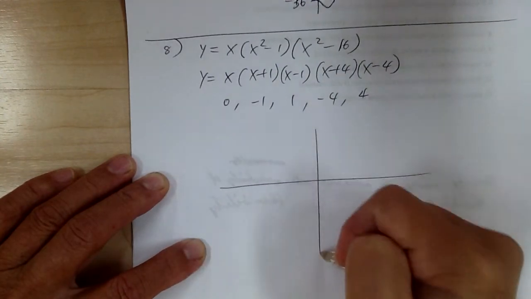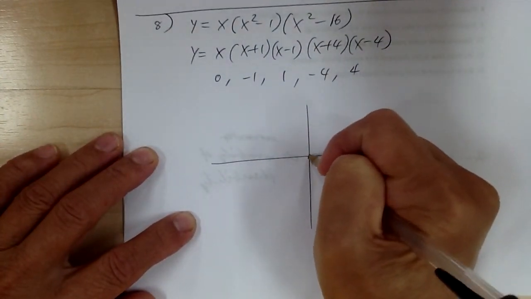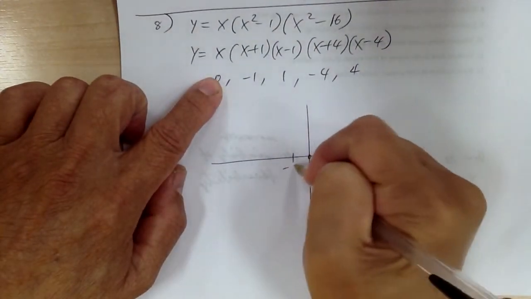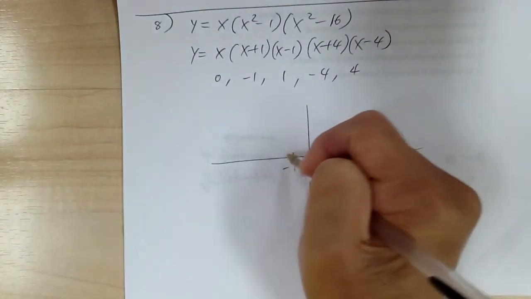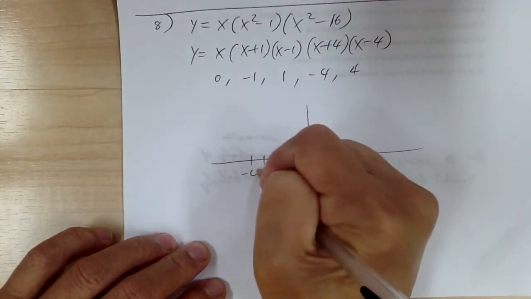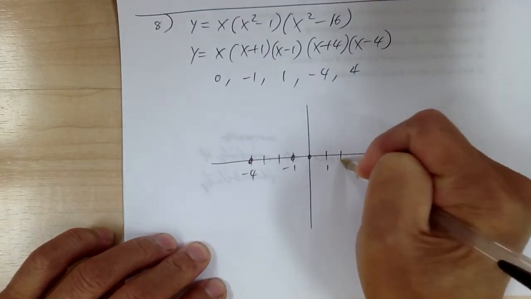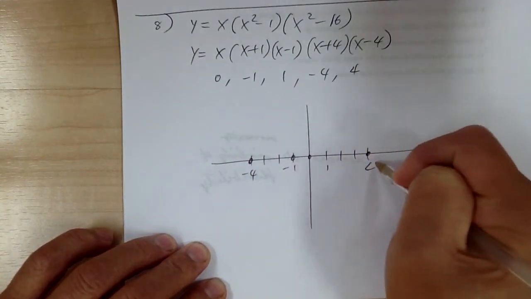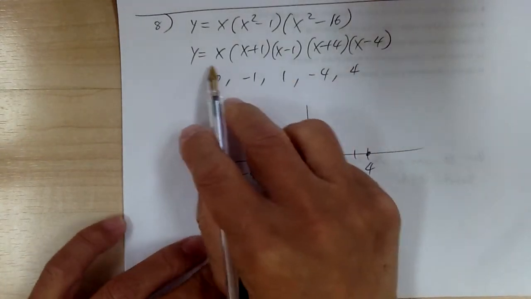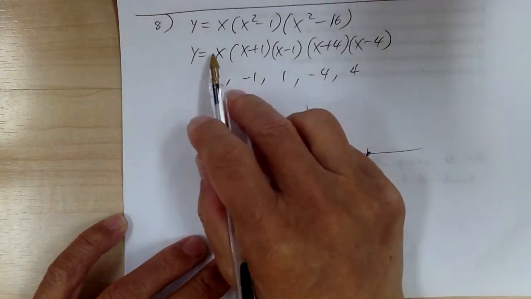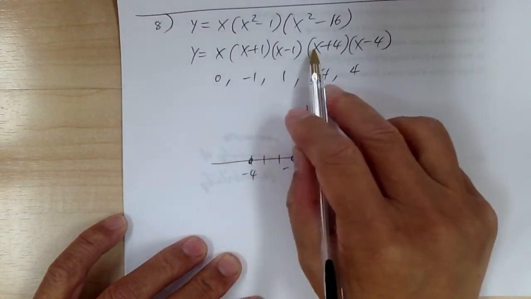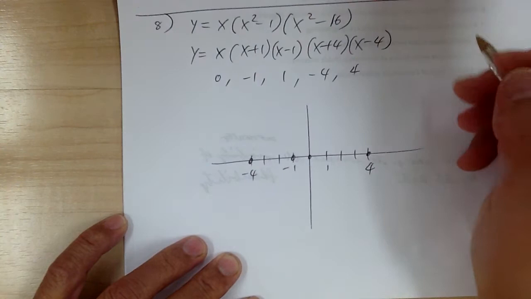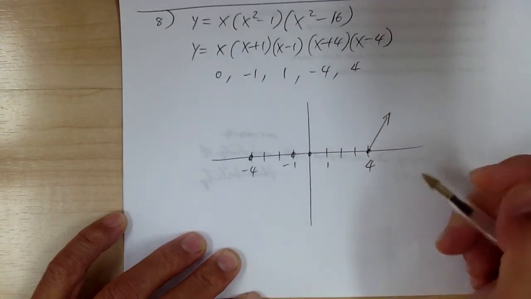Okay, so you go and sketch. So you have the negative 1, positive 1, negative 4, and positive 4. Again, if you multiply all the x's, it's going to be positive. Positive times positive times positive times positive will give you positive, so it's going to be pointing up.